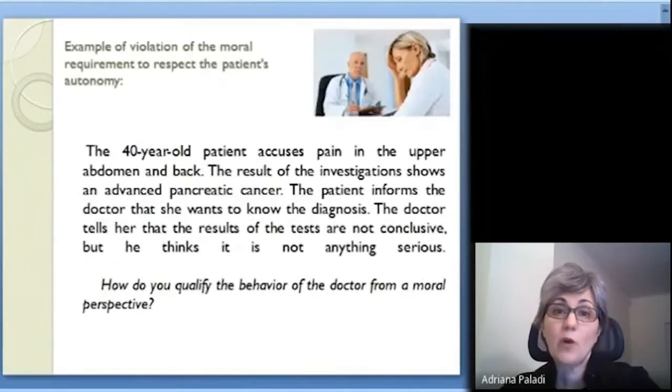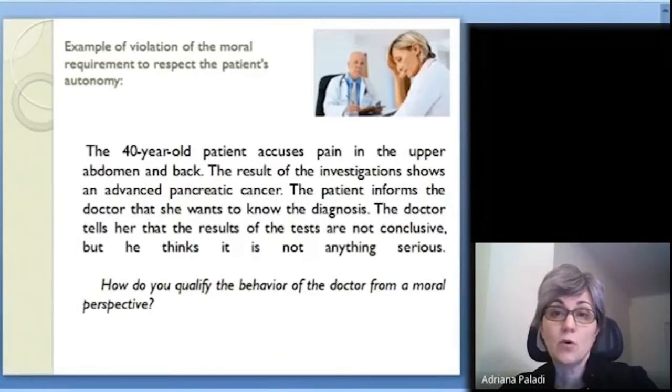An example of violation of the moral requirement to respect the patient's autonomy is the case of a 40-year-old patient who complains of pain in the upper abdomen and back and is diagnosed with advanced pancreatic cancer. The patient informs the doctor that she wants to know the diagnosis, but the doctor tells her that the results of the test are not conclusive, but he thinks it is not anything serious.